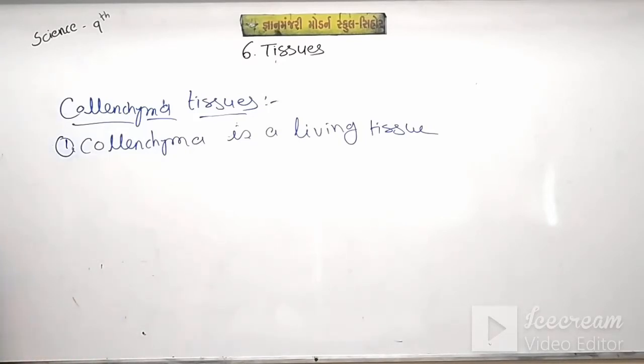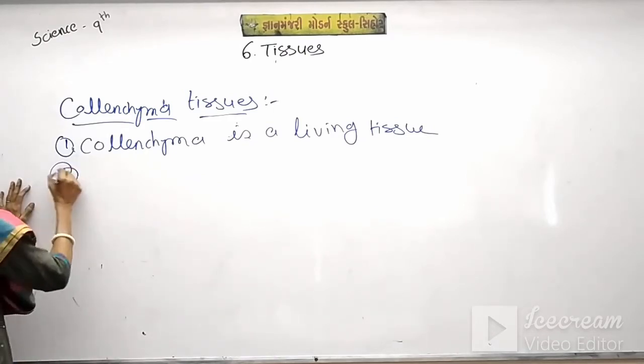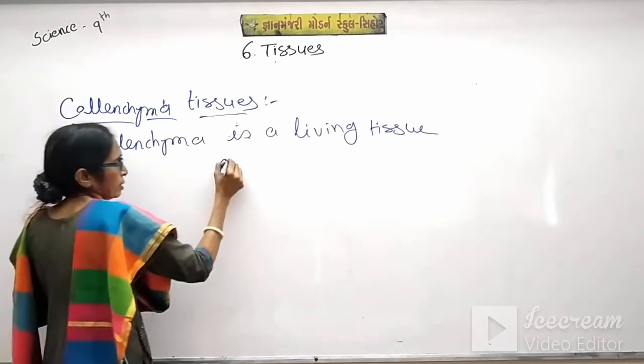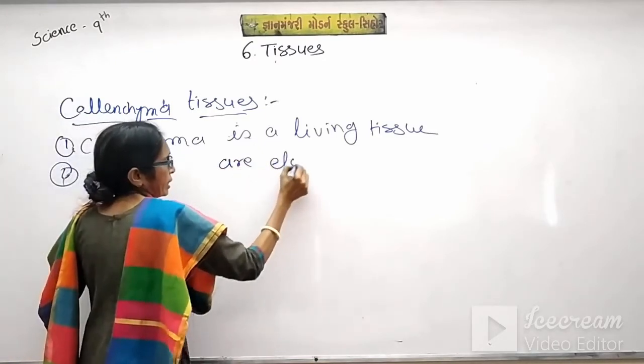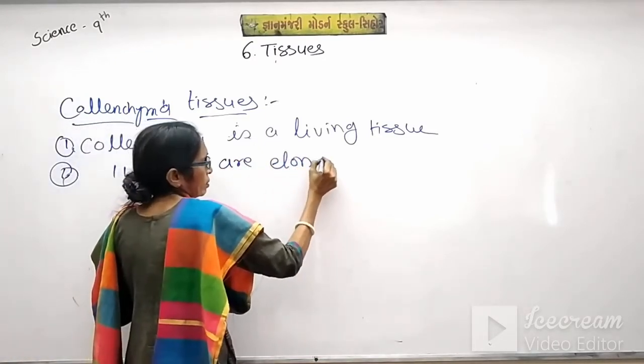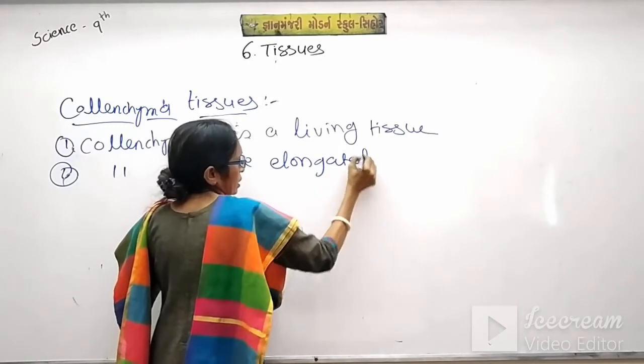Number 2, collenchyma are elongated in shape.